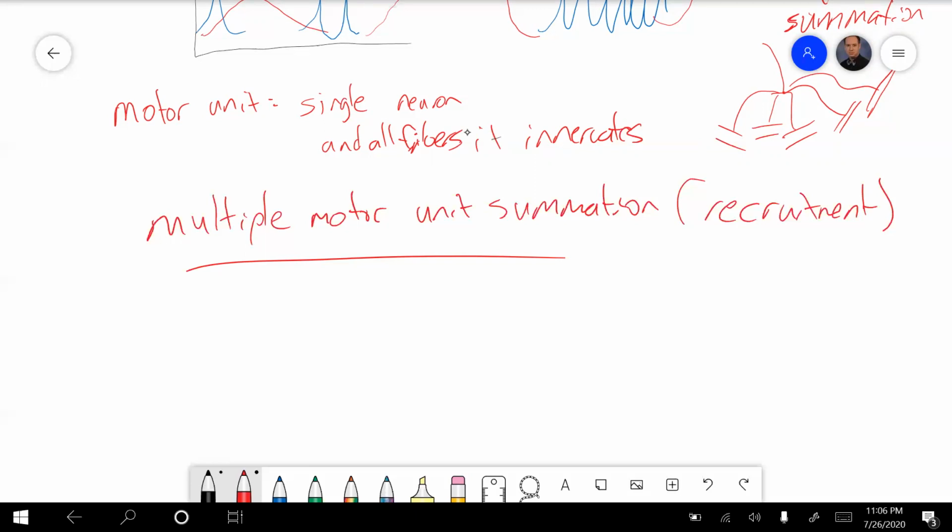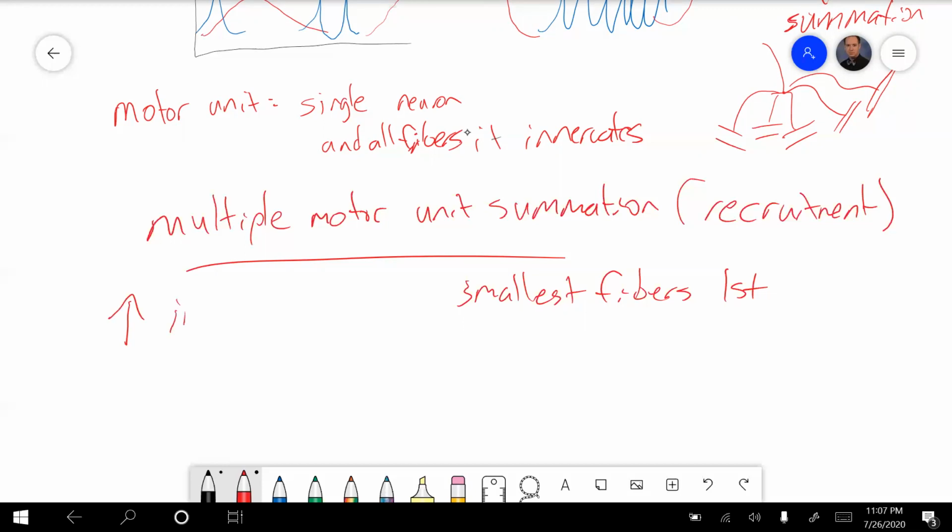Now, there is an order of recruitment. We use the smallest fibers first. So you start with small fibers. If that's not enough, you recruit some friends. And you keep getting bigger and bigger fibers recruited until there's enough fibers in play to do the job you need them to. That's multiple motor unit summation.